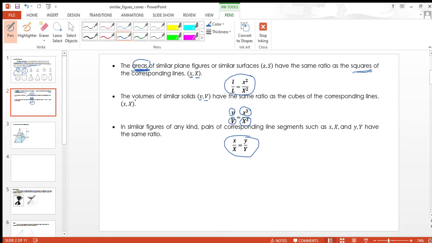If the problem involves a volume, we get the cube of the corresponding sides that we're looking at. But if we will just be considering corresponding sides of the two figures, then they will simply be proportionate with each other.